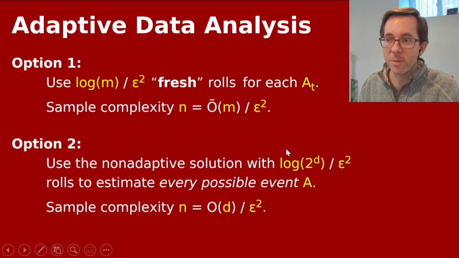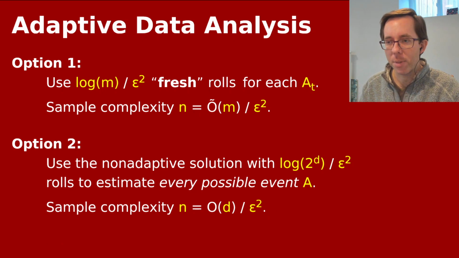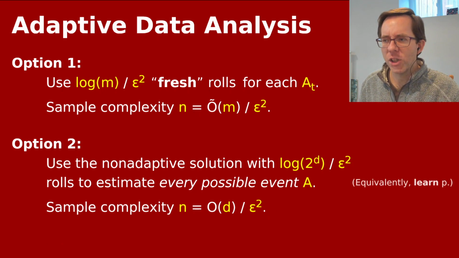So you can get the logarithmic dependence there, but now you have 2 to the d events. So here your sample complexity is proportional to d, the number of outcomes, which is also a bummer. What you've done is tantamount to just learning the entire distribution P, and that takes a number of samples proportional to d.